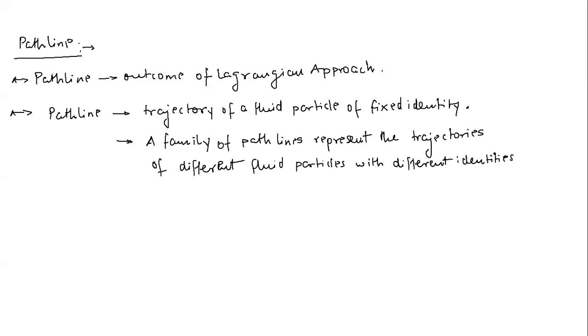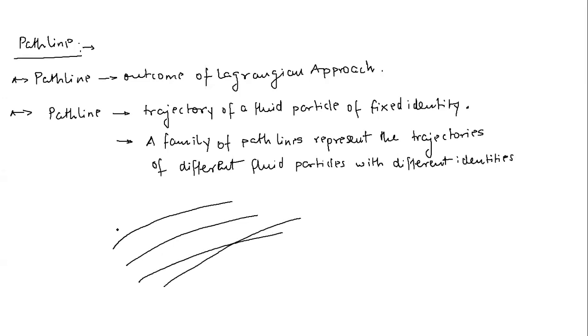So let me draw the path line for all of you. So this is the path line. Let's say this is P1, then P2. This is a fluid particle with some position S1 vector and S2 vector. Then let's say this is P3.